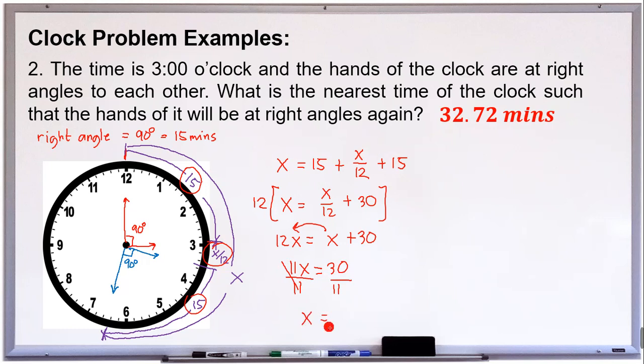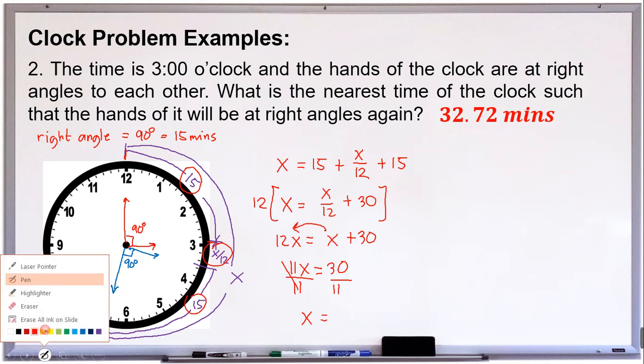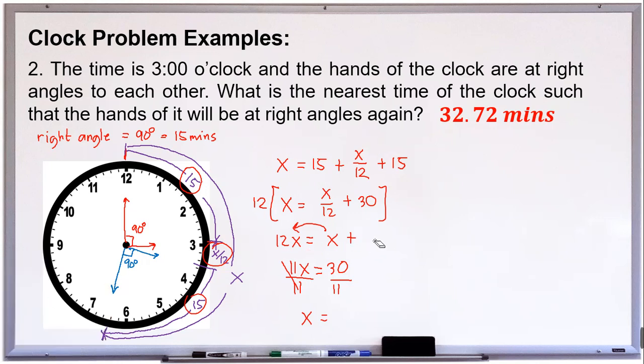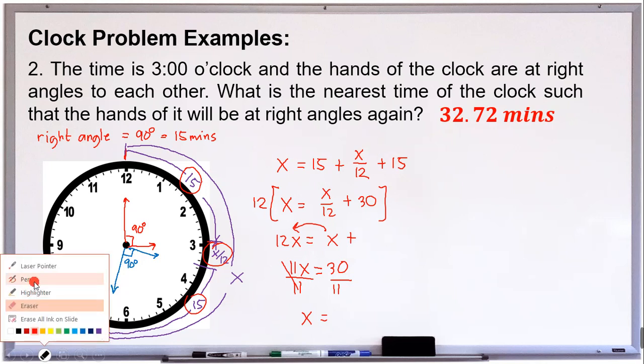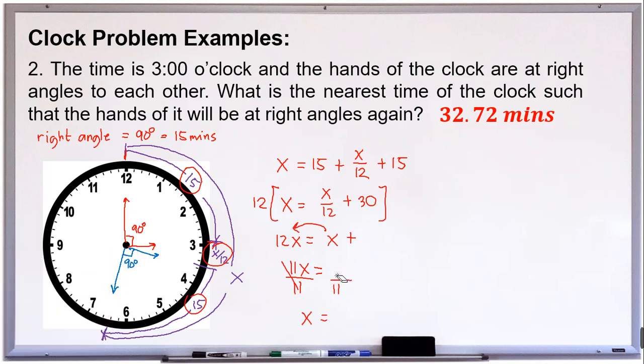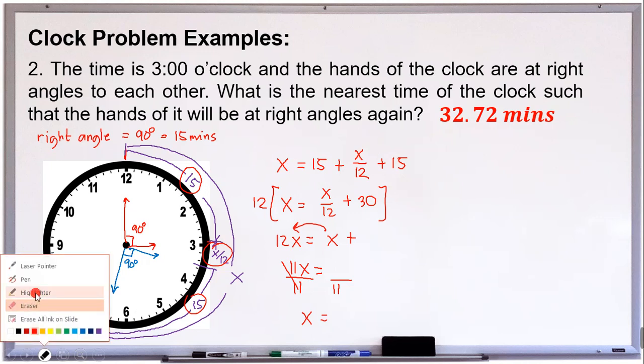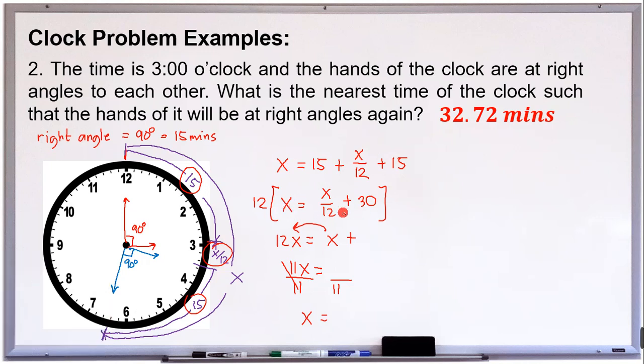So x, sorry, I forgot to multiply 12 by 30. Okay, so I think we need to erase this one also. So 30 multiplied by 12, that would be 0, 3 times 2, 6, 360. Okay, so this one should be 360.